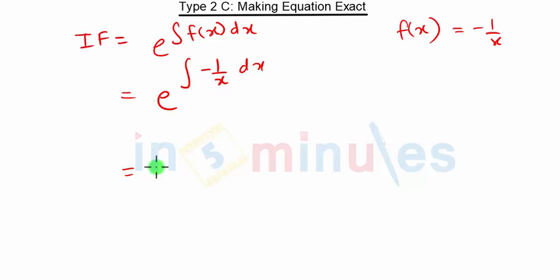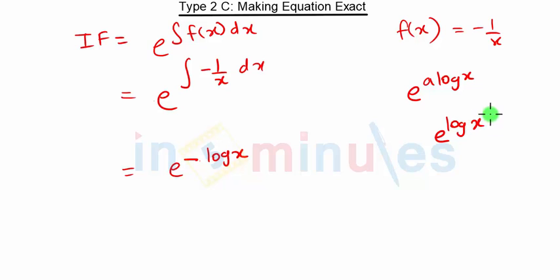Minus is constant, so it can be taken out of the integration sign, and integration of 1 upon x is nothing but log of x. If I take this minus sign here, we know that e raised to a log of x can be represented as e raised to log of x raised to a. Here a is minus 1, so we can represent it as e raised to log of x raised to minus 1.